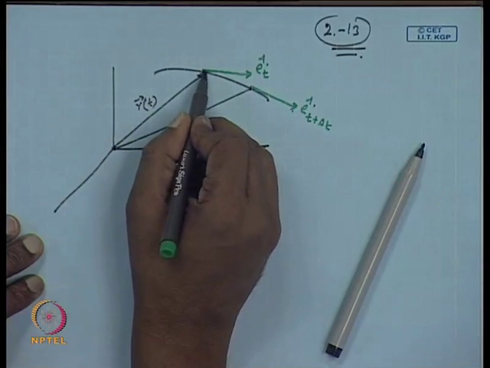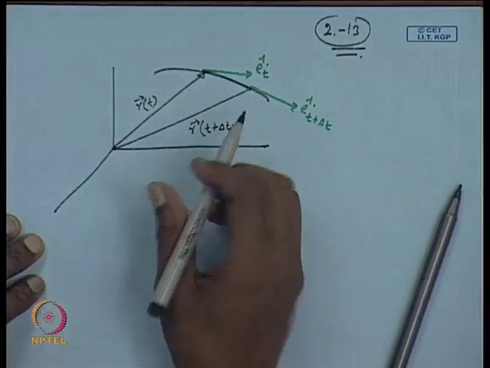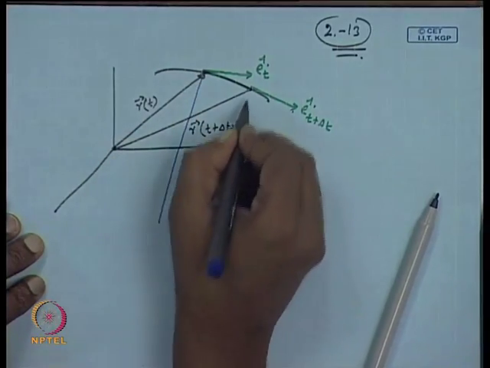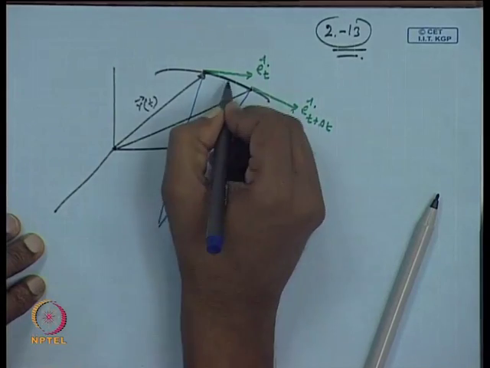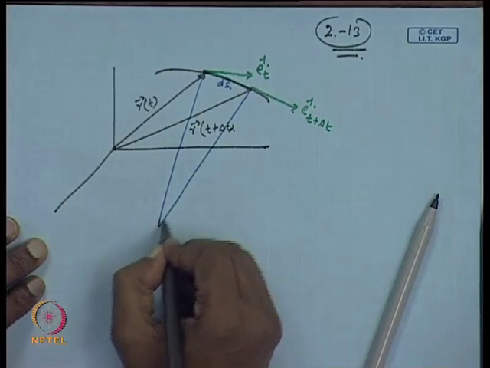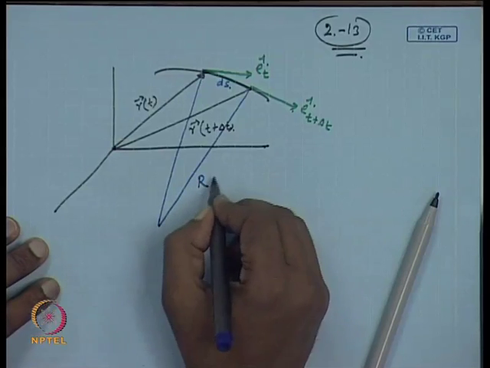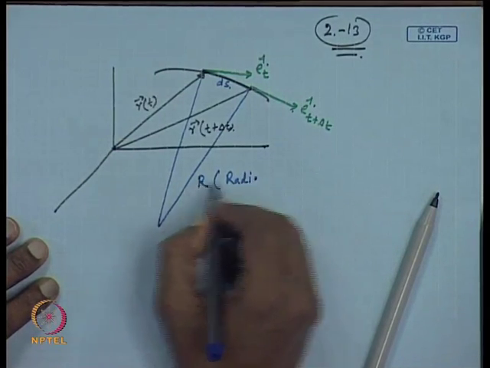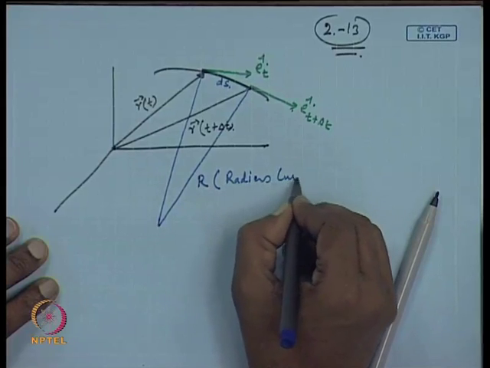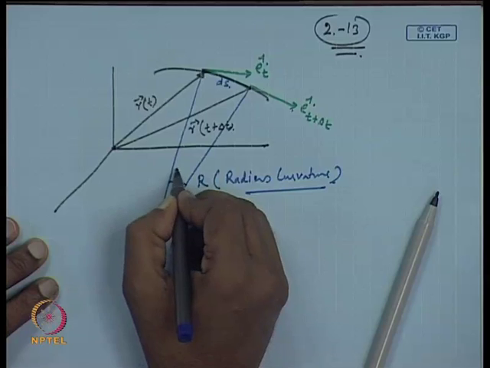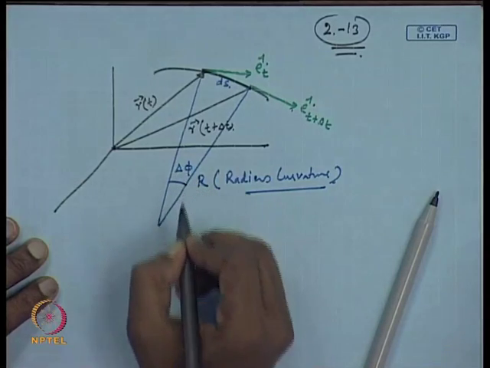And if we draw this quantity, we have already written it as ds, and let us say this is the radius of curvature r, and this angle we write as delta phi.